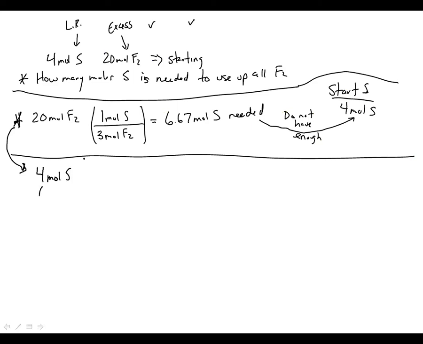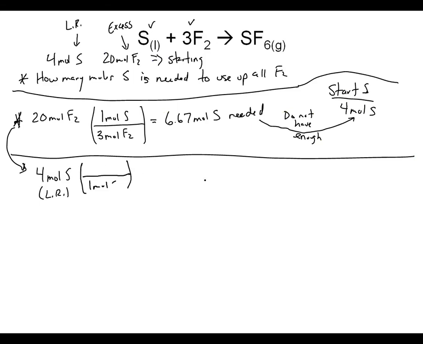And again, just like what we did on the previous page, we would use the limiting reagent and the starting amount to figure out how much product, just like we did there. And you can see you get the same answer in terms of our theoretical yield.